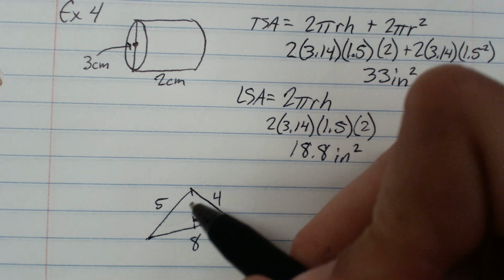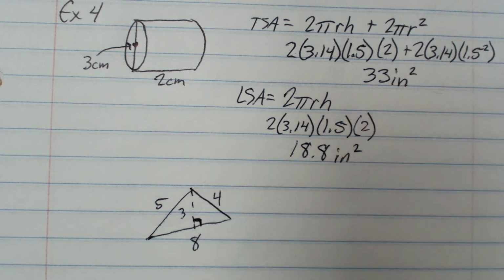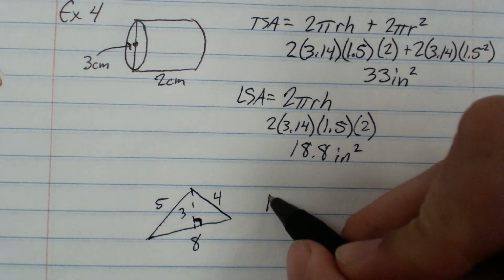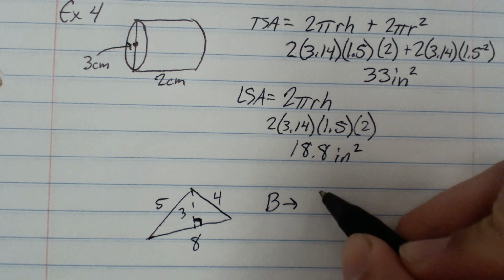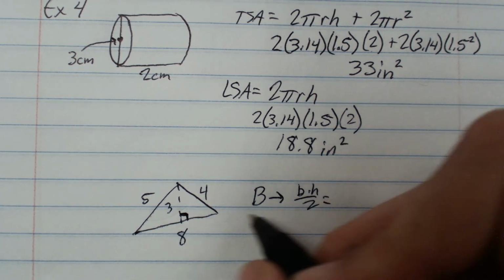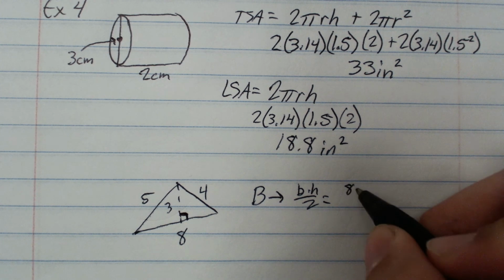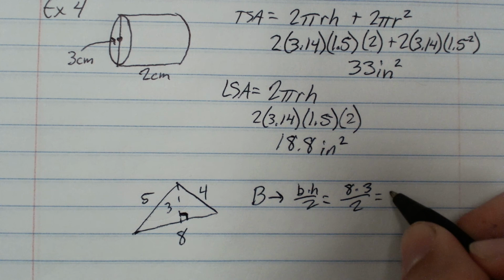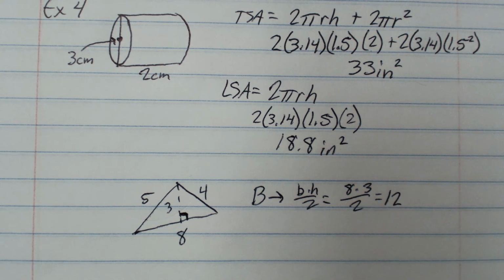The only thing this dotted line, say it's 3, would be used for is when you're doing the big B to do your base times height over 2. Your base would be the 8. Your height would be that 3. So that would come out to 12. That's the only time you would use that dotted line right there.